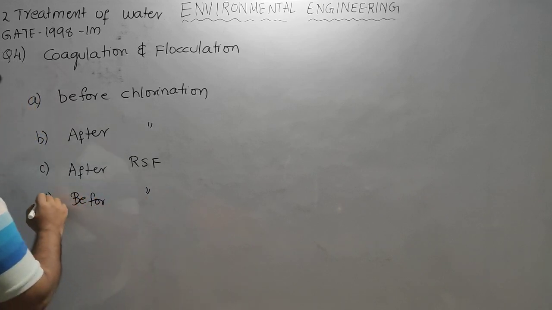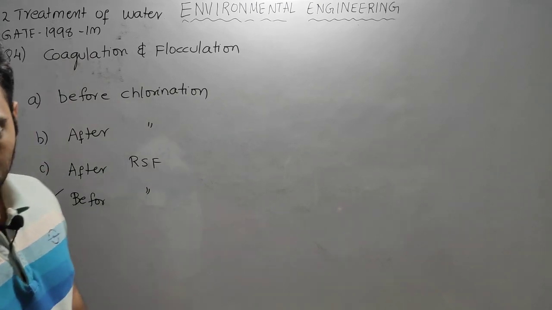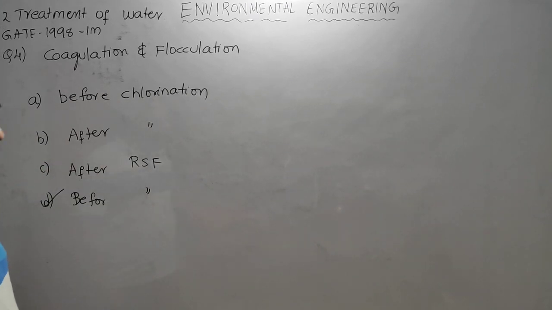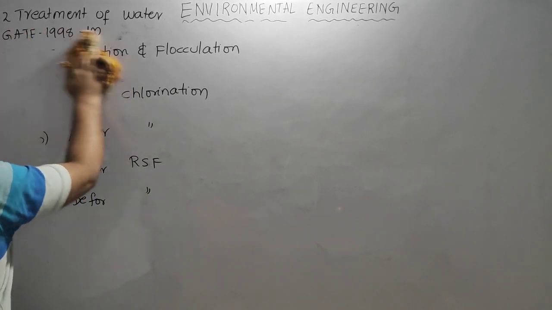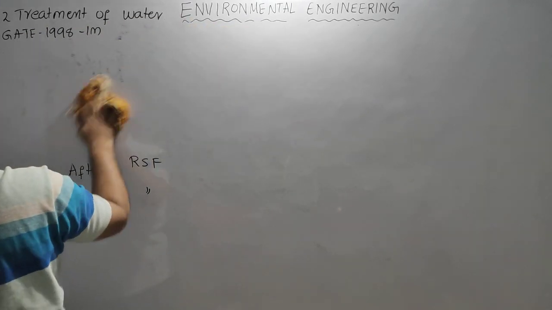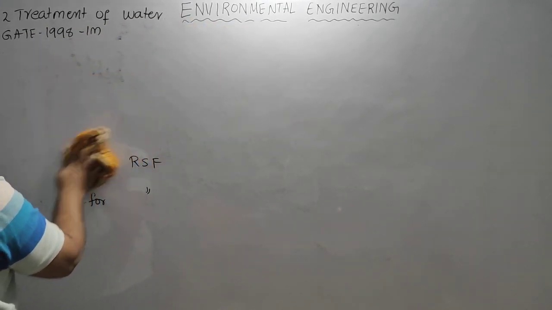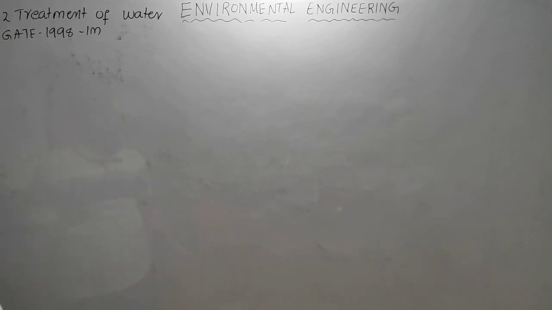So it is very clear that we perform this before the rapid sand filter, because whatever floc is being formed will either be removed in the sedimentation tank, and if there is any unsettled floc present, that unsettled floc will be removed in the rapid sand filter. That is why we perform coagulation and flocculation treatment before the rapid sand filter.